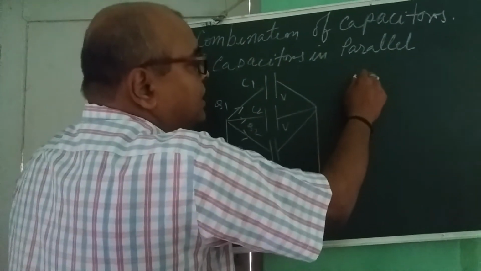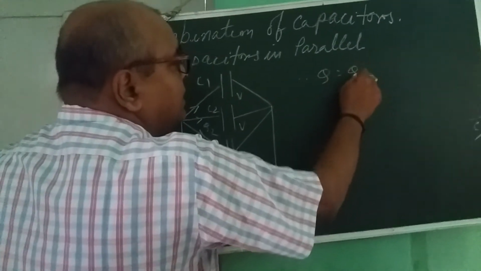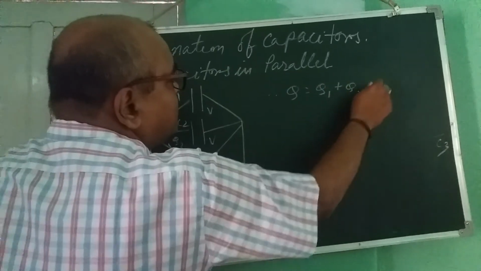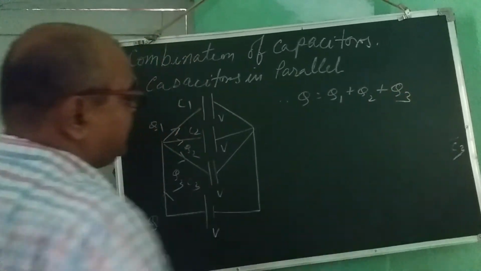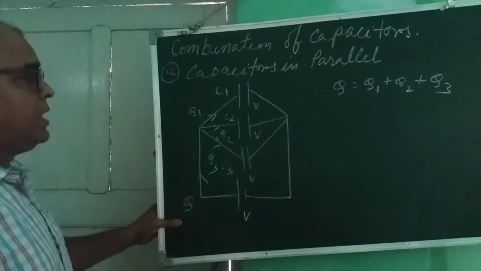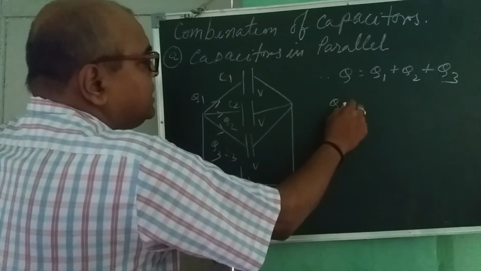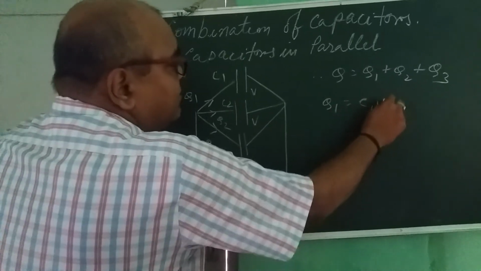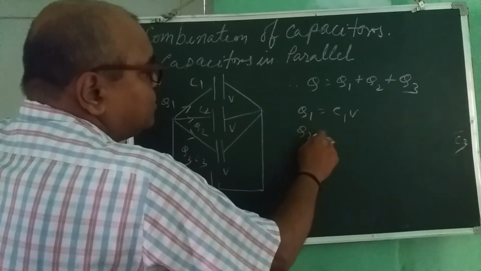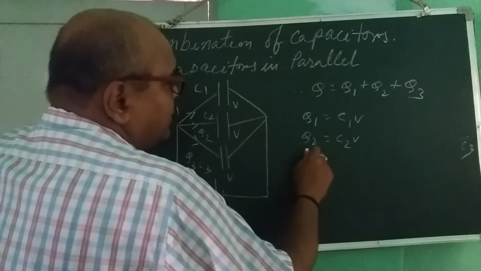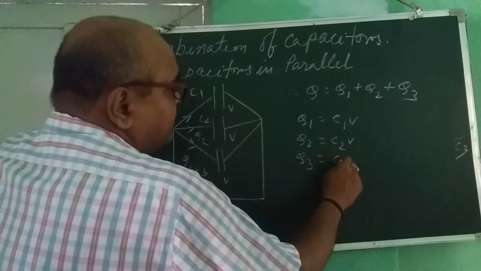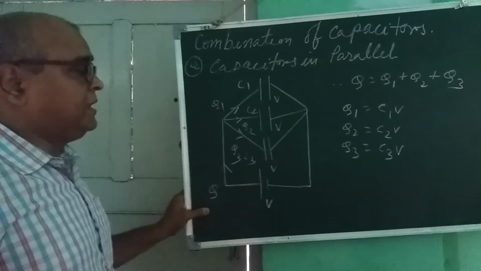Therefore Q is equal to Q1 plus Q2 plus Q3. Now Q1 is equal to C1V, Q2 is equal to C2V, and Q3 is equal to C3V.